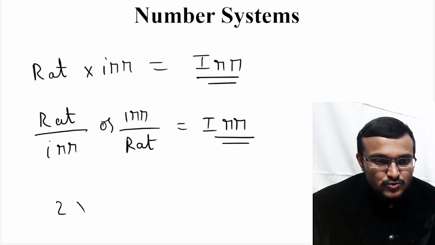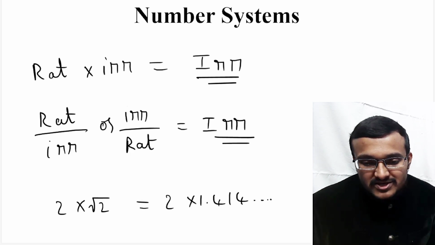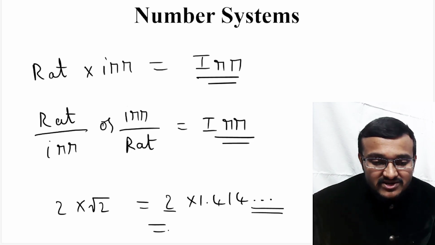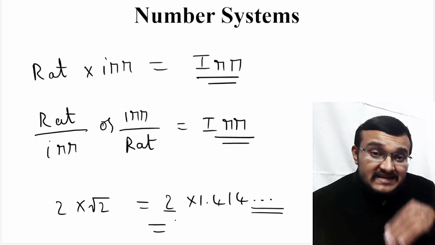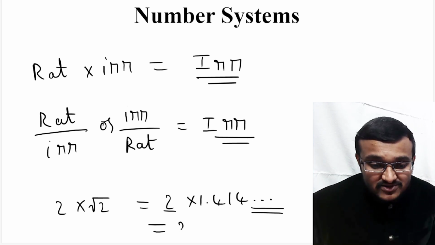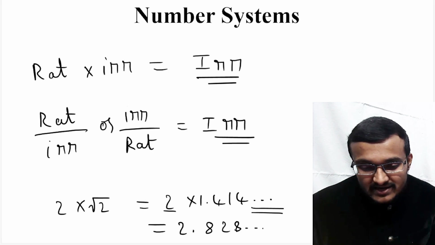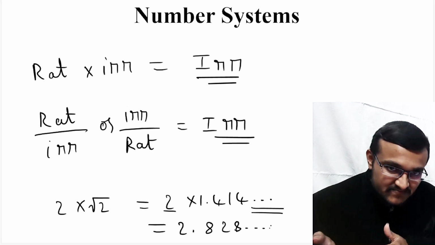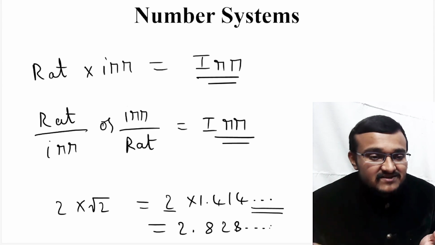See, now if I take 2 into root 2, when you take 2 into root 2, it is 2 into 1.414 and it goes on like this. Since there is an irrational number multiplied with a rational number, the answer will always be an irrational number only. So the answer for this will be 2.828 and it goes on like this. So that means the product of a rational number and an irrational number is always an irrational number.